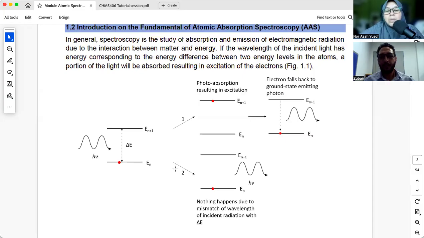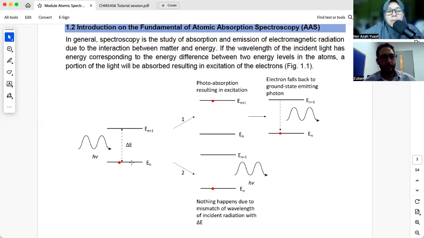Okay, so the concept here: nothing happens due to mismatch of wavelength. This one I'm not so sure whether I should explain to you, but if we are to excite the electron to a certain energy level, the photon has to be with sufficient energy or specific energy.